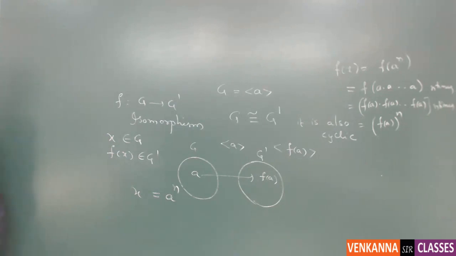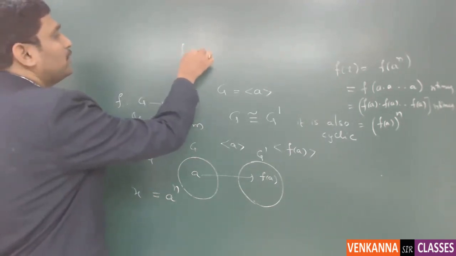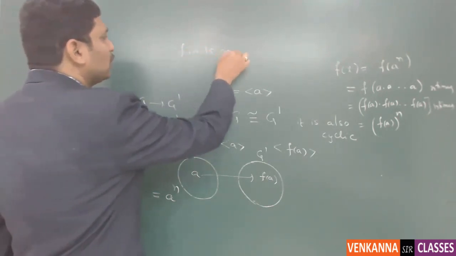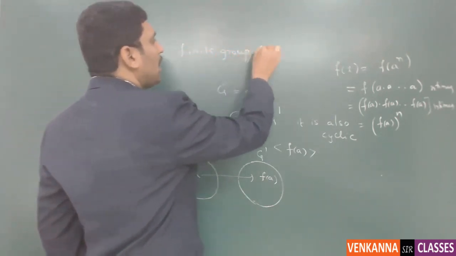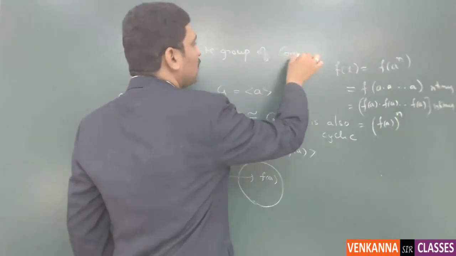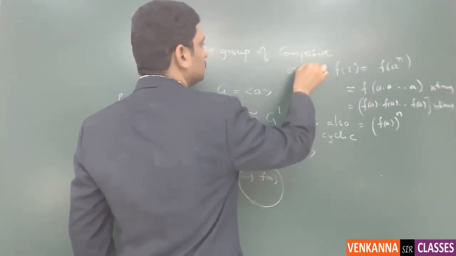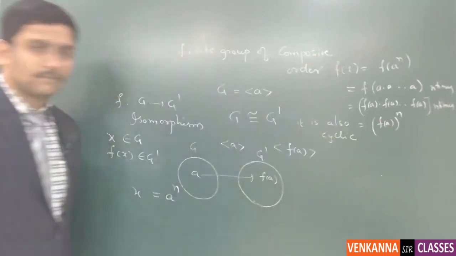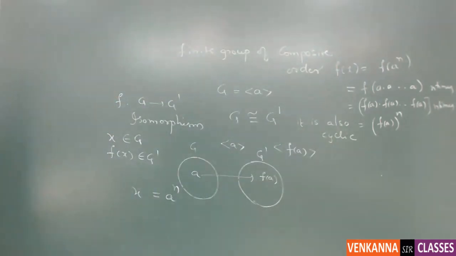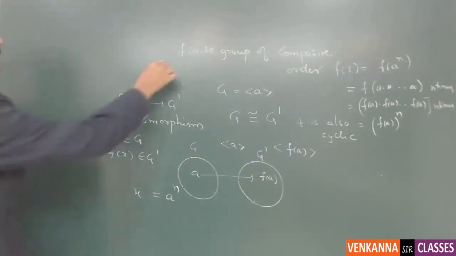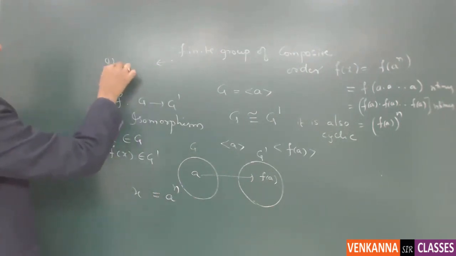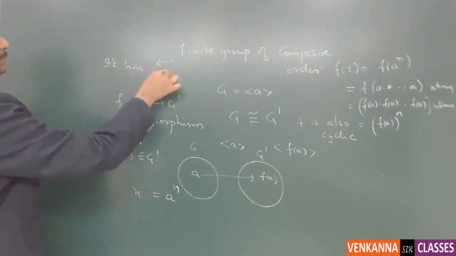Another observation we can make is, if you take a finite group of composite order, then we can say that it has a proper subgroup.